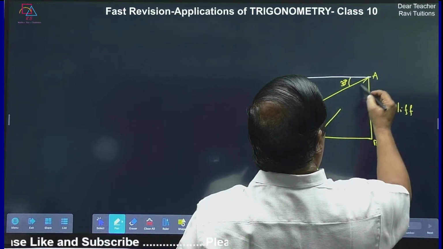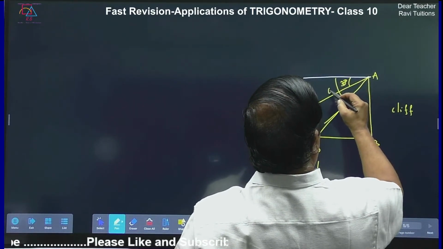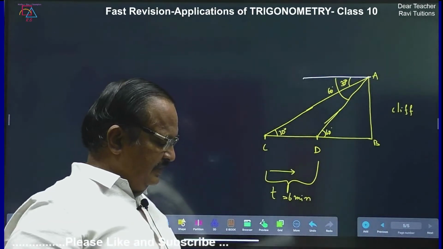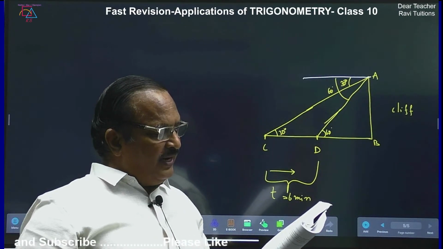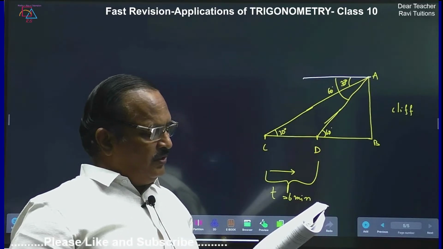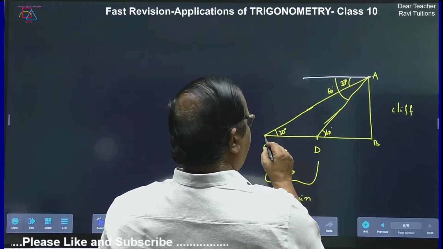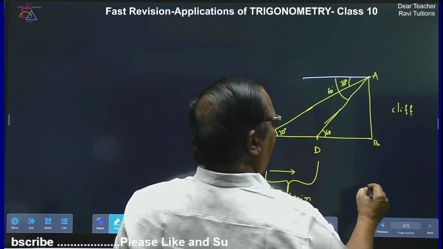Again from the point of observation, the angle of depression is 60 degrees. Find the time taken by the boat to reach the shore, that means from C to B how much time.